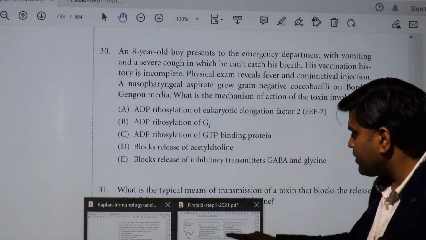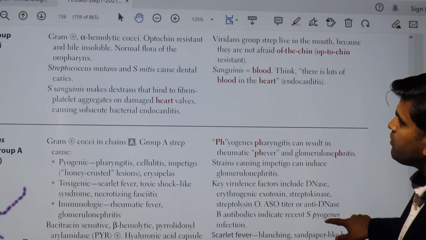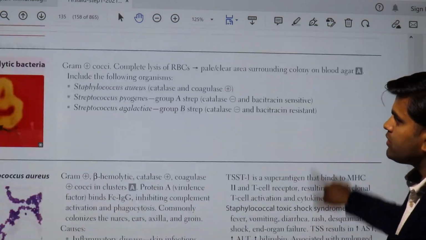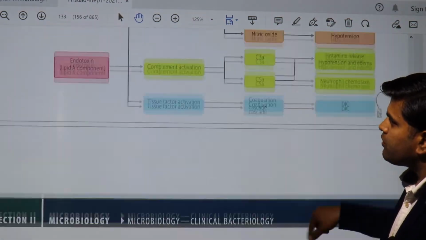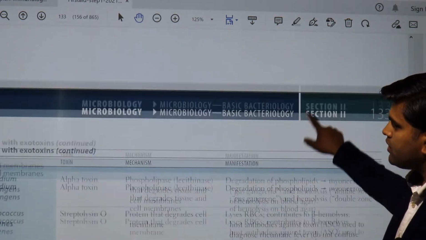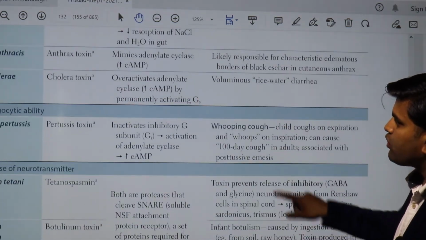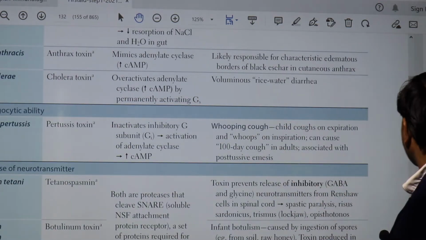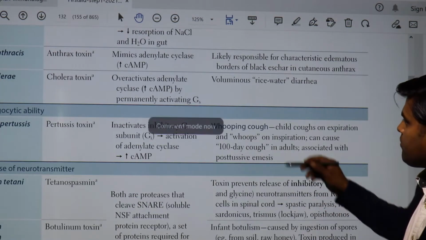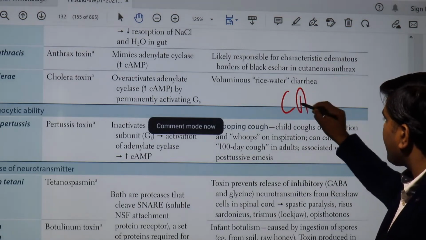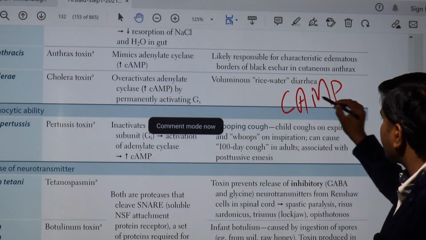So, let me take you over there to understand. We will talk about the toxins. Before, with gram positive, you saw Staphylococcus and Streptococcus. Now we are talking about Bordetella pertussis, and there is the formula CAAMP, camp.